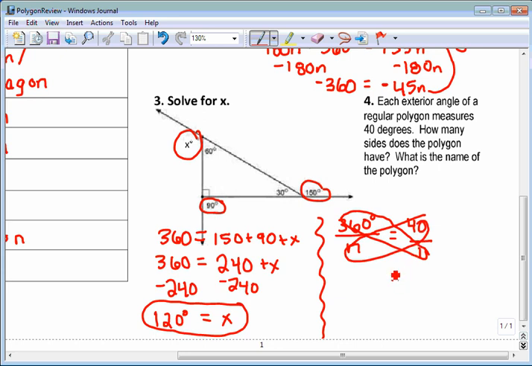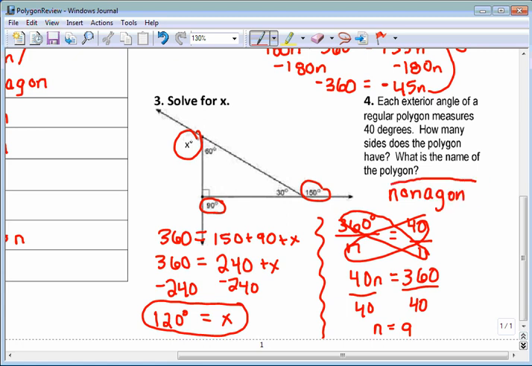So I have 40n is equal to 1 times 360. Divide both sides by 40. n equals 9. So I have a 9-sided figure. And a 9-sided figure, we know, is called a nonagon. So we have a nonagon here, a regular nonagon, 9-sided figure.